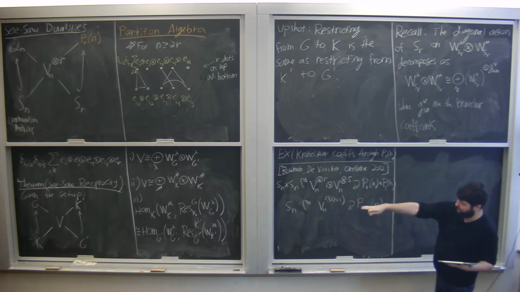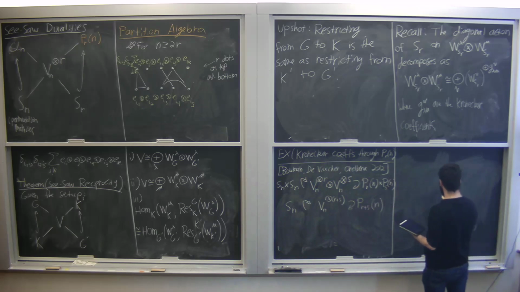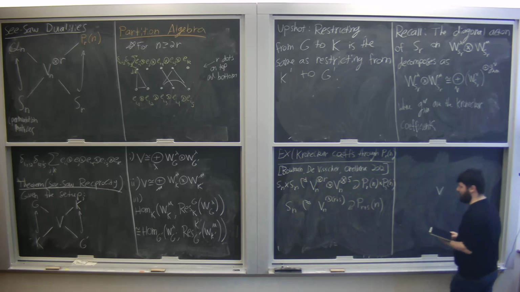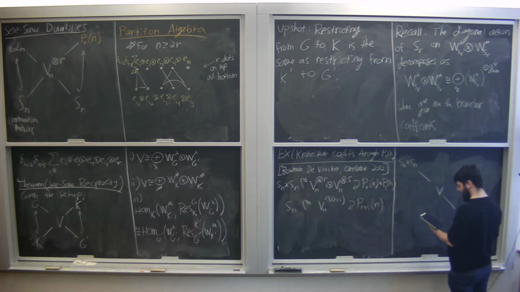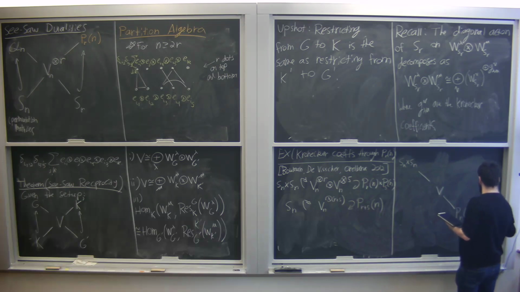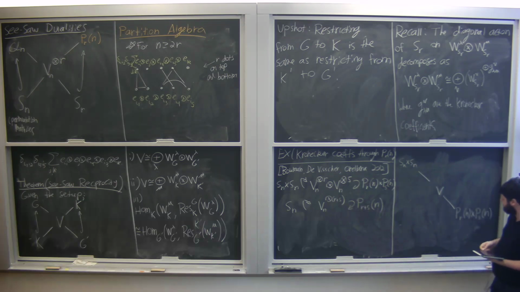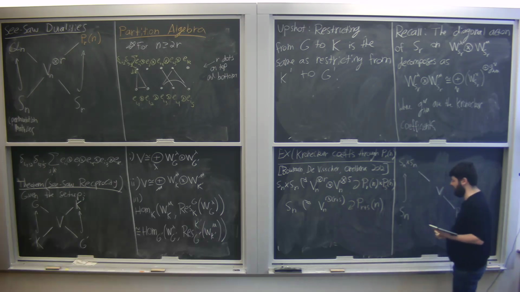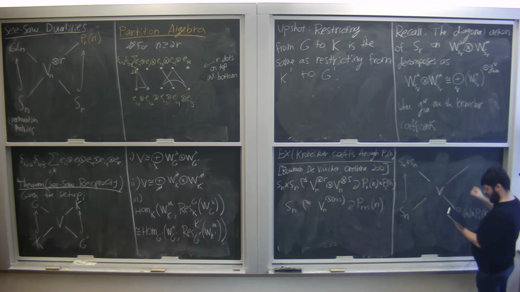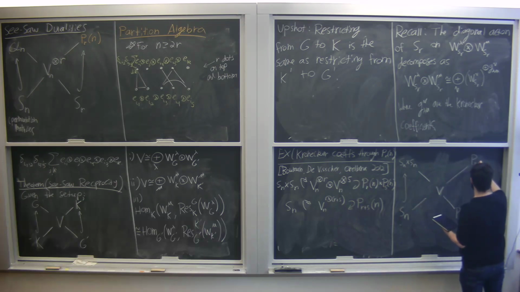And so if we turn it into this seesaw picture, we've got this vector space in the middle, which I'm just going to call V for brevity. We have S_n cross S_n. Sitting dual to that is this P_R(n) cross P_S(n). And sitting inside this S_n cross S_n is this diagonal copy of S_n. Dual to that is this P_{R+S}(n).